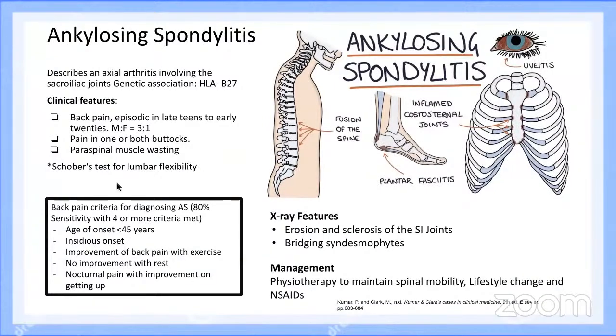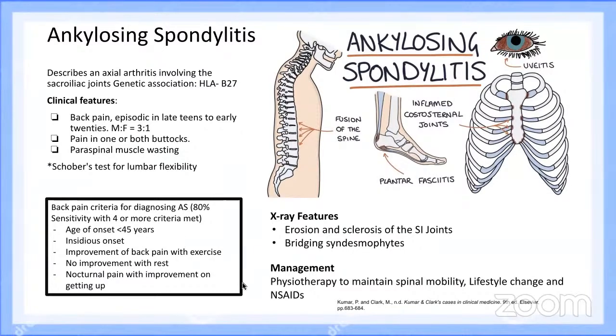Should you suspect ankylosing spondylitis, it's important to do an X-ray, but if no X-ray features are seen, such as erosion, sclerosis of the sacroiliac joint or syndesmophytes, one can use the back pain criteria, which is age of onset less than 45, insidious onset, improvement with exercise, no improvement with rest, and nocturnal pain, and 4 or more has a sensitivity of 80% for ankylosing spondylitis.